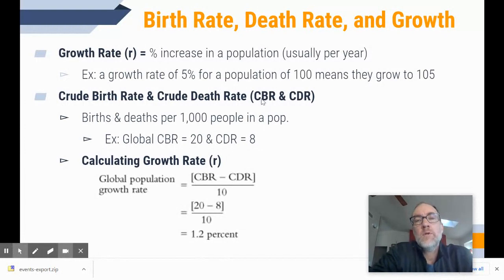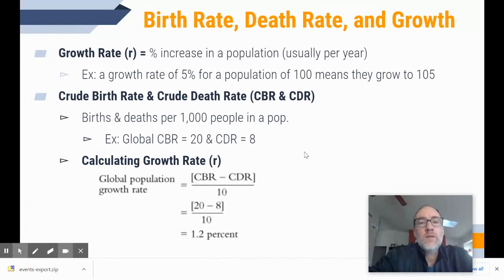Crude birth rate, CBR, and crude death rate, CDR, are other abbreviations you need to know. These are birth and death rates per 1,000 people in a population. Here's an example. Global crude birth rate, CBR, equals 20, and CDR equals 8.